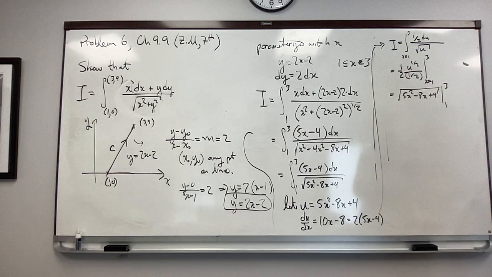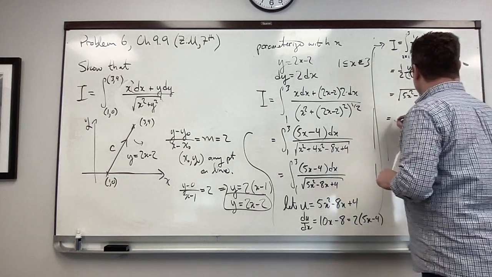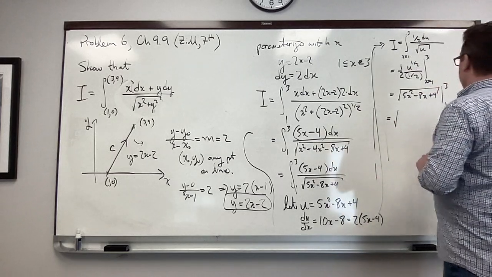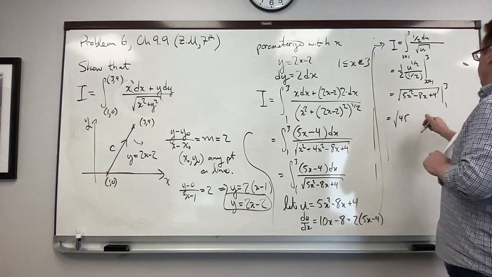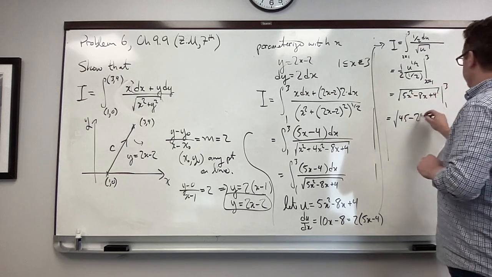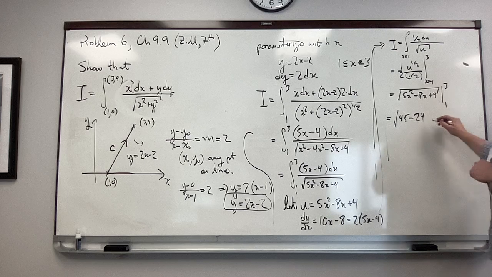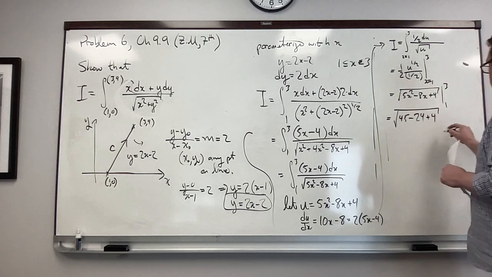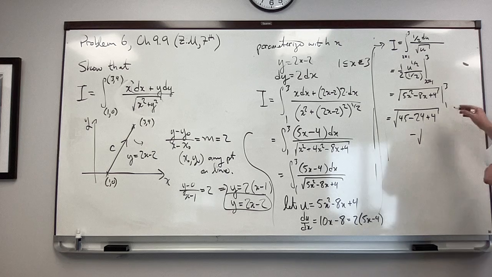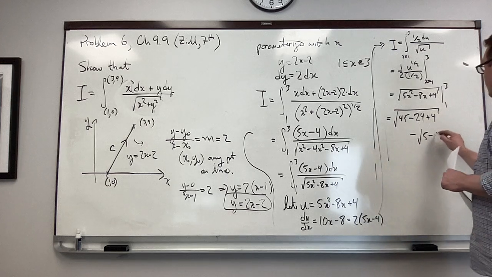Okay. So, square root of, 9 times 5 is 45, minus 24, plus 4, minus the square root of 5 minus 8 plus 4.